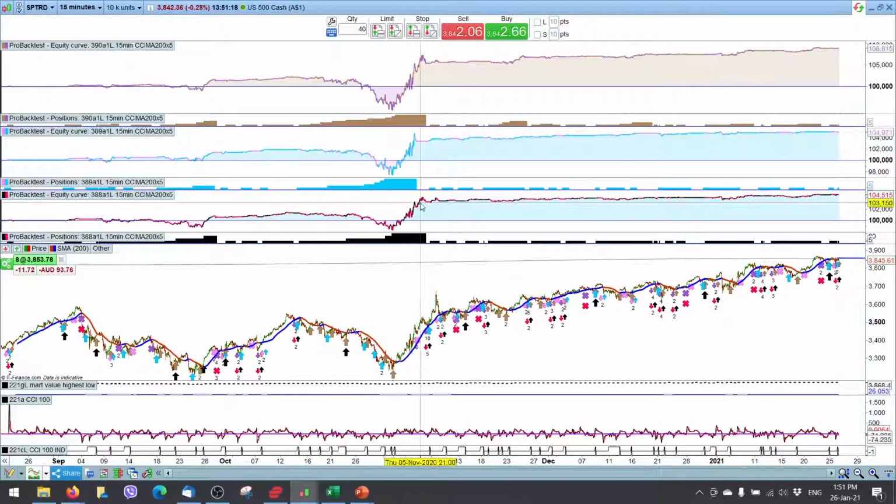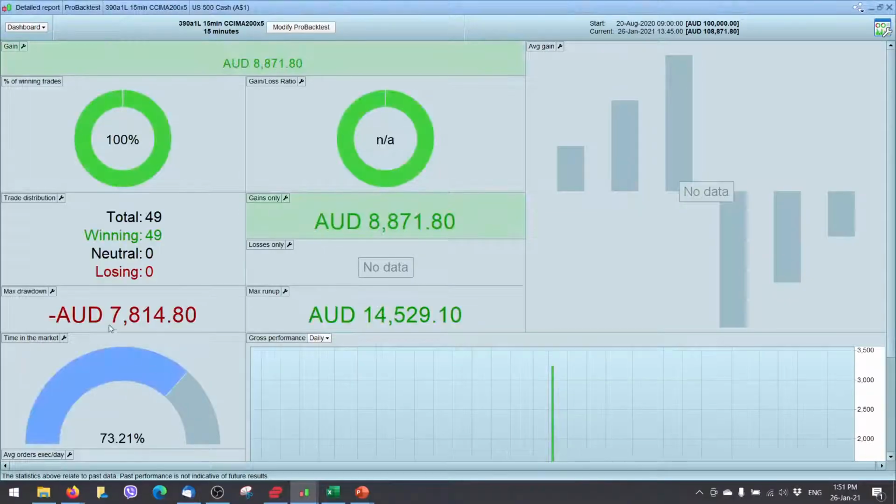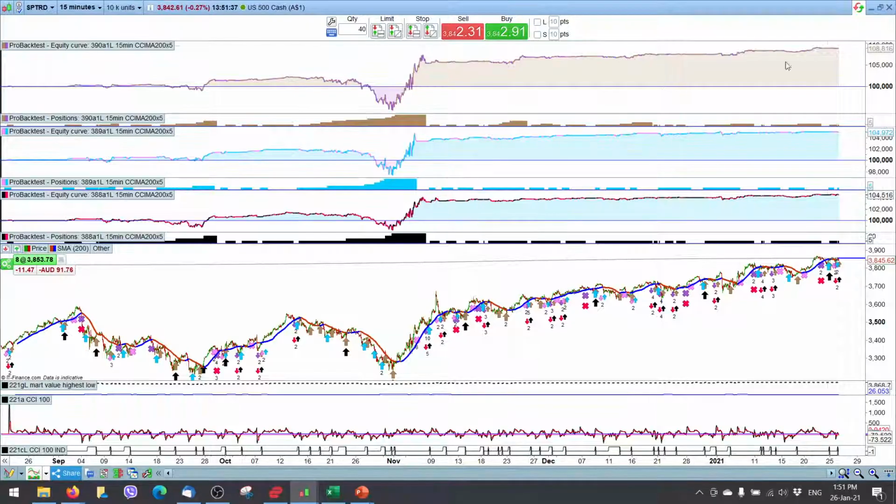The reason is, as well as the profitability, we look at the drawdown. For each of these programs, it calculates the drawdown. Let's look at this one first. This one's making $8,800 in the 5 months, but the drawdown, if you look at the detailed report, is 7,814 Aussie dollars. These are all in Aussie dollars.